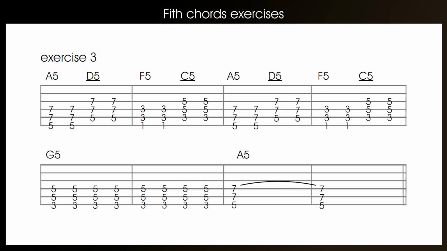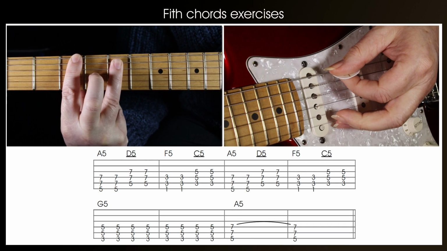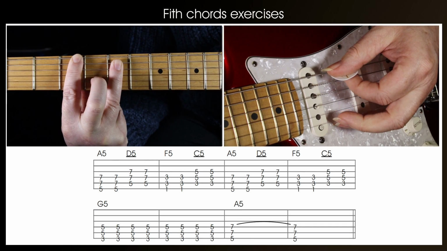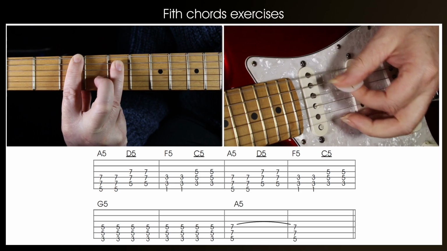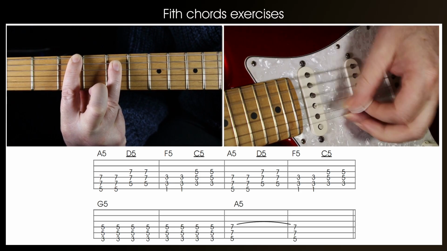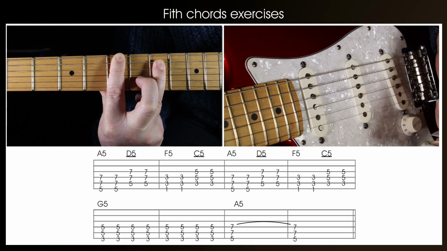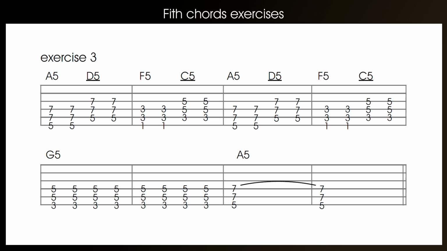The second line of exercise 3 is very simple. We simply play the G5 8 times and then move the chord up by 2 frets to finish on the A5. However, let's hear that done anyway. Right, let's see and hear the entire of exercise 3 being played.